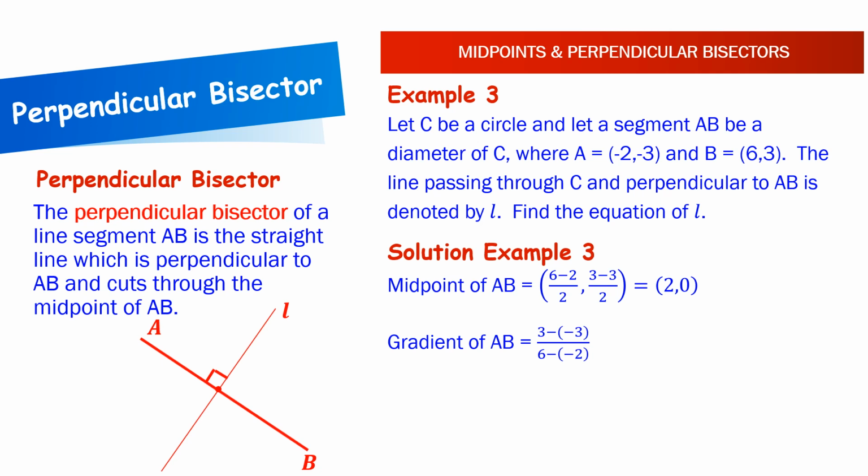Now the gradient of AB is equal to 3 minus -3, or the change in y, over 6 minus -2, which is the change in x. This equals 6 over 8, or 3 over 4.